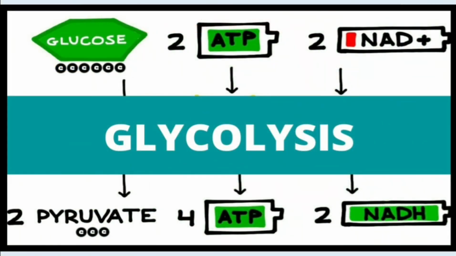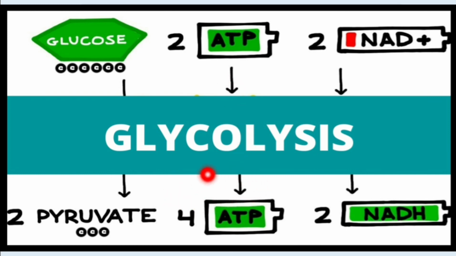So in conclusion, I told you at first we have glucose, which is 6 carbon. We cleaved it into 2 pyruvate molecules. That's the first thing you gain. Secondly, we used 2 ATPs, and in total what we got is 4, so the net is 2 ATPs.